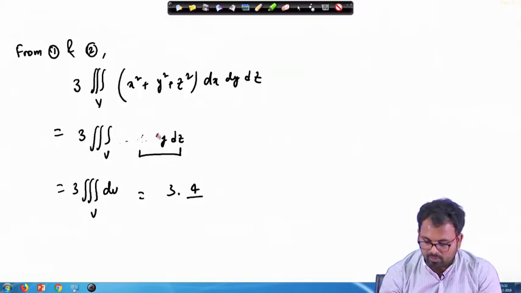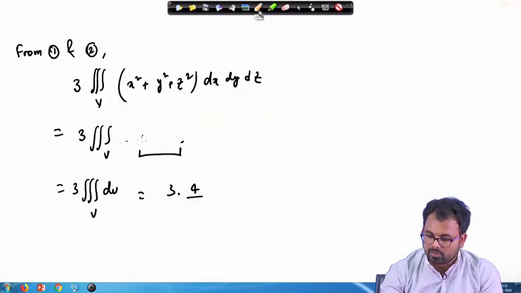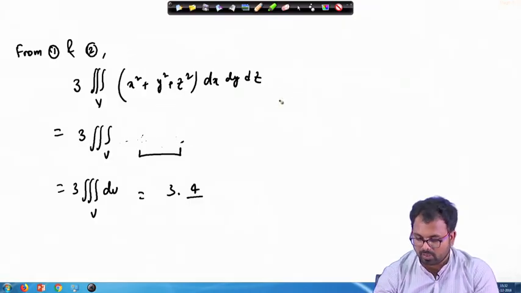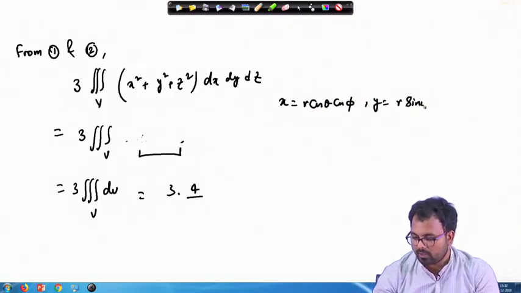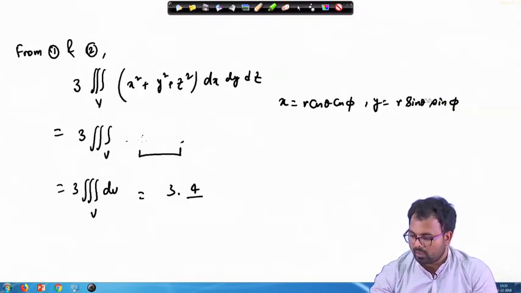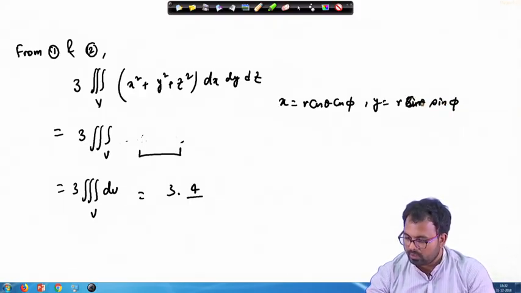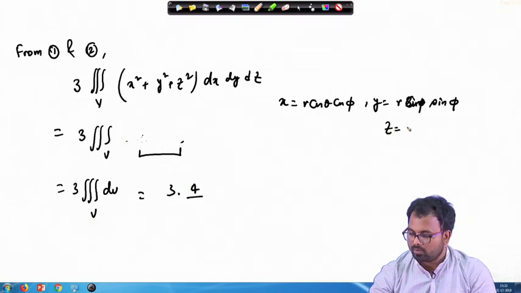So, instead of substituting this one, just to make things a little bit more clear, I can substitute x equals to r cos theta cos phi, y equals to r cos theta sin phi, and z equals to r sin theta.